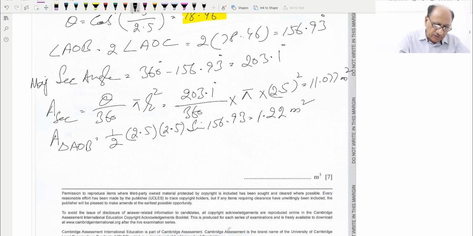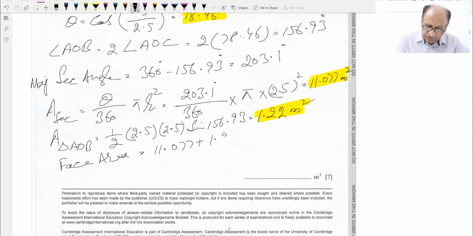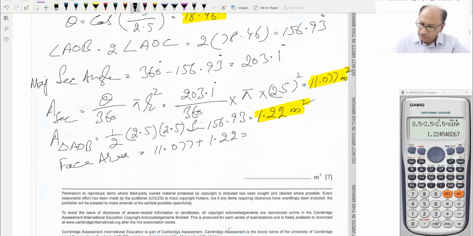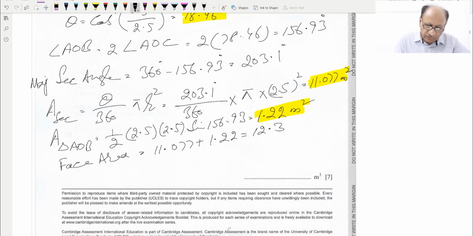Now we need to add the area of the sector and the area of the triangle. Face area will be equal to 11.077 plus 1.22, which is equal to 12.3 meters squared.